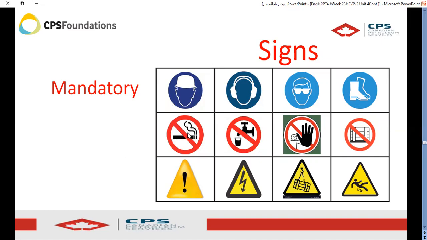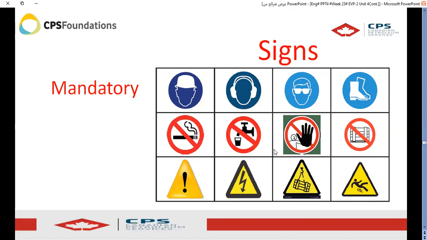What about this? You see this diagonal line means you are not allowed to. Very good. So you are not allowed to smoke here. You're not allowed to drink here. You're not allowed to enter this place. There is something blocking the way, for instance. So these are things that are dangerous.